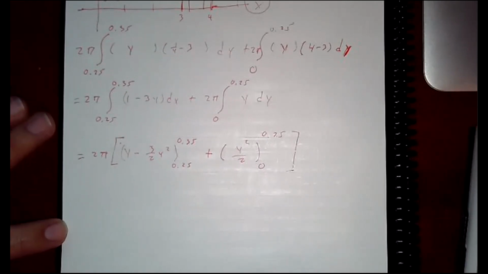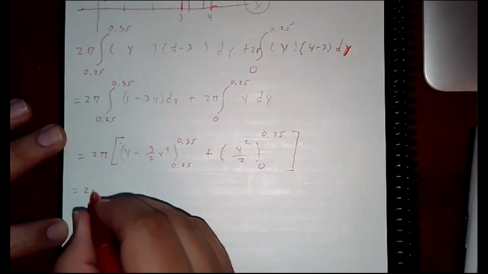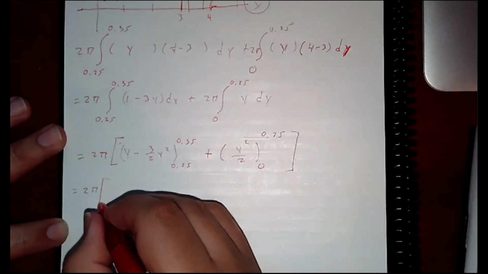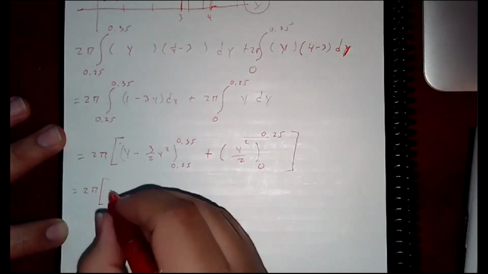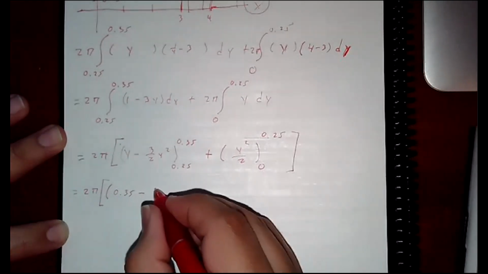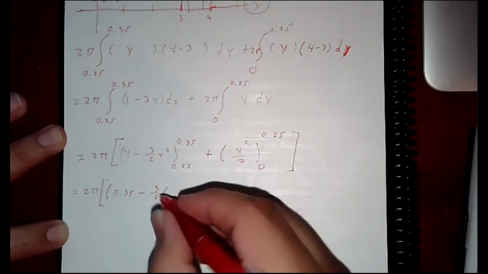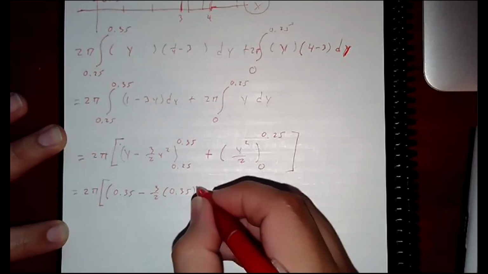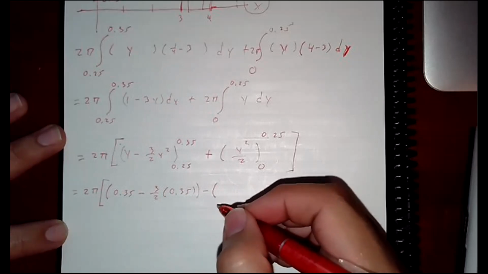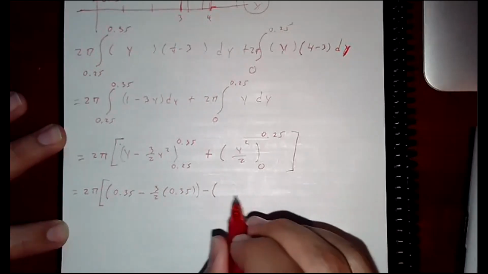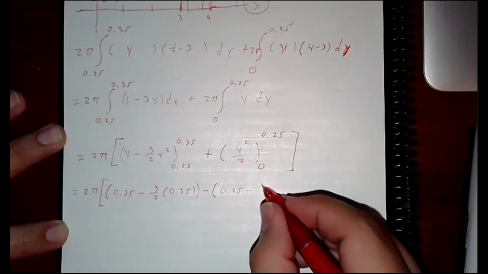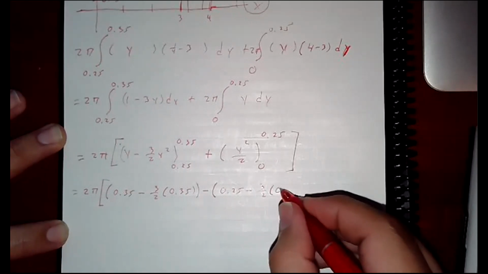And yeah, that should work. Go ahead and plug it all in, I guess. This would be 0.35 minus 3/2 times 0.35, minus, plug in 0.25, we get 0.25 minus 3/2 times 0.25.